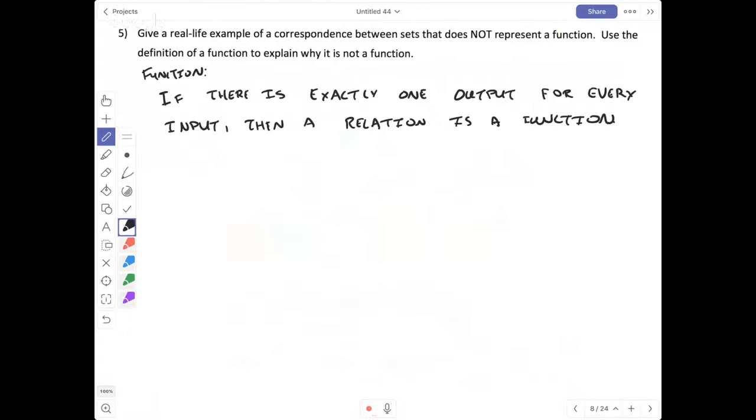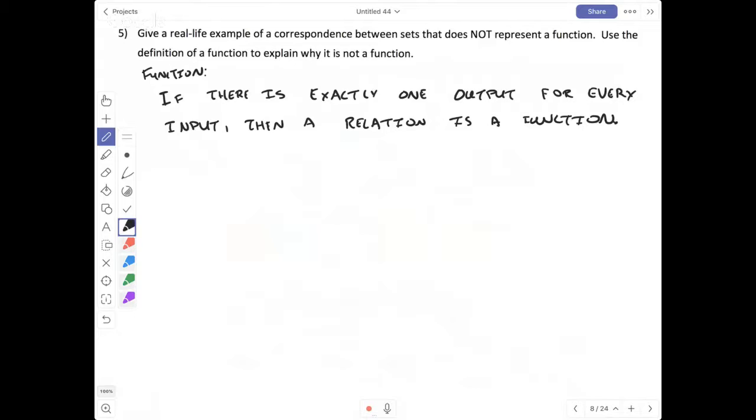So we want to give a correspondence between sets that doesn't represent a function. So that means we want something where there's not exactly one output for every input. So I'm thinking of a potential relationship where certain inputs have more than one output.